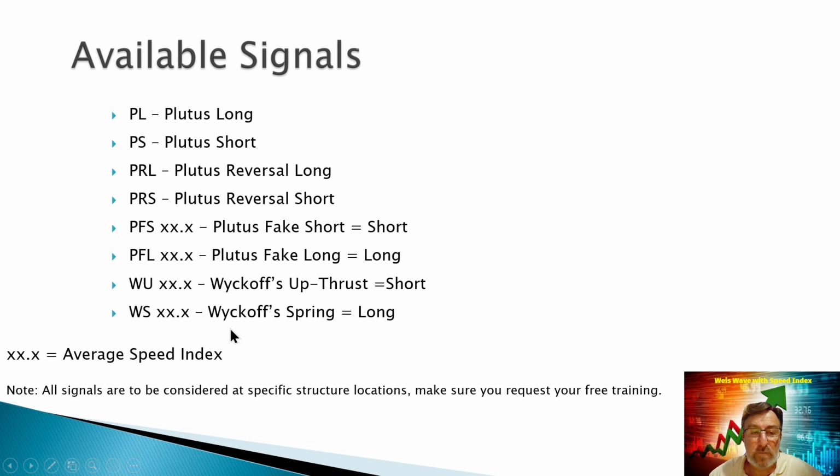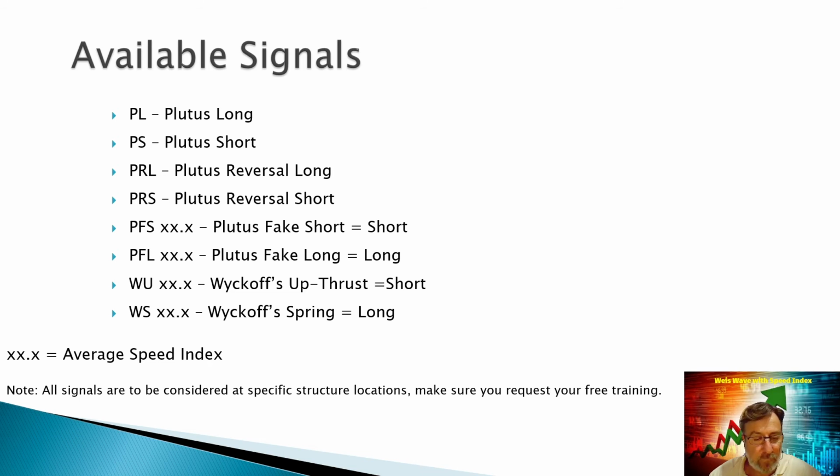And some of the signals, as you can see, they're also displaying the average speed index. Again, let me remind you that all these signals are to be considered at specific structure locations. So make sure you get your free training.